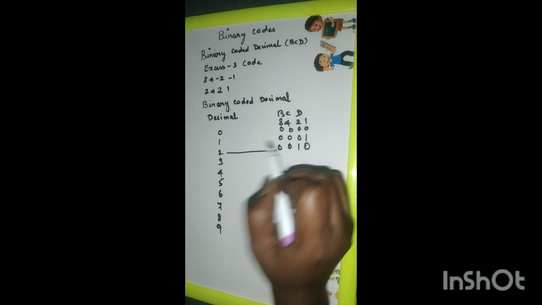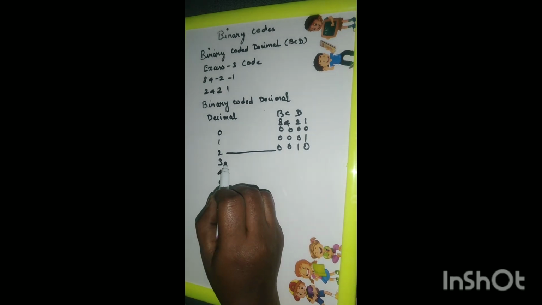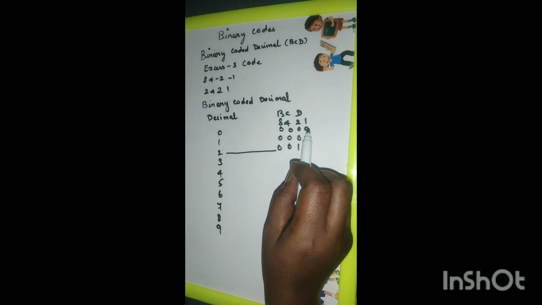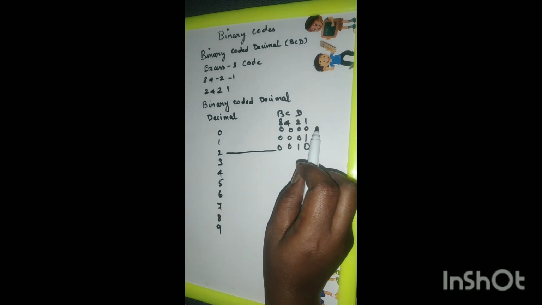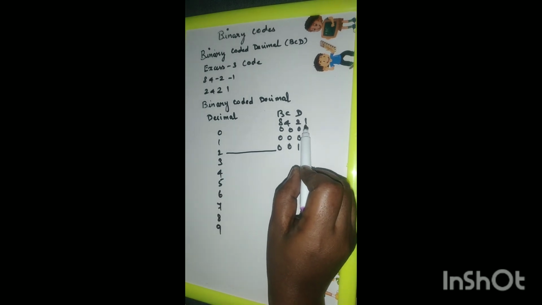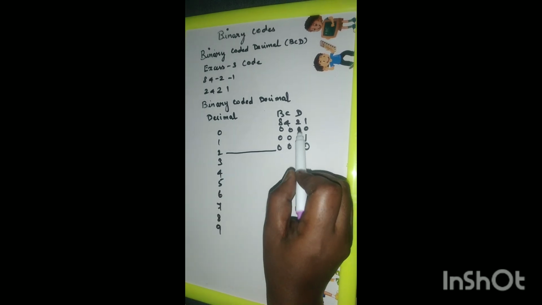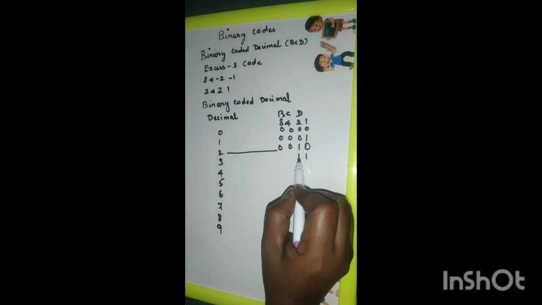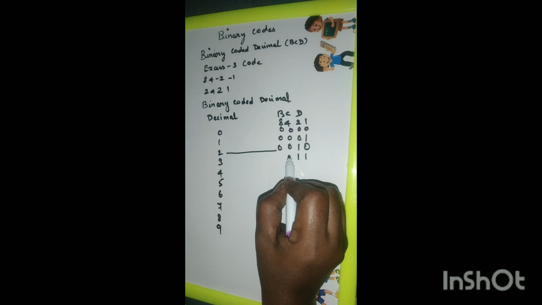For 3 we don't have 3 here, so we should choose numbers from 8421 whose sum is equal to 3. For example, 2 plus 1 is 3. So we assign 1 for 2 and 1, and 0 for the others.